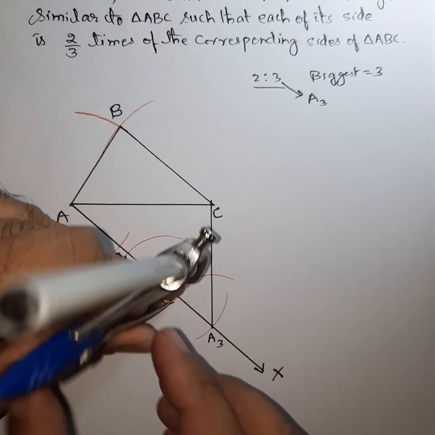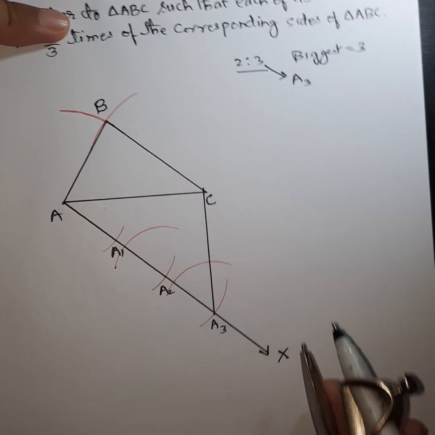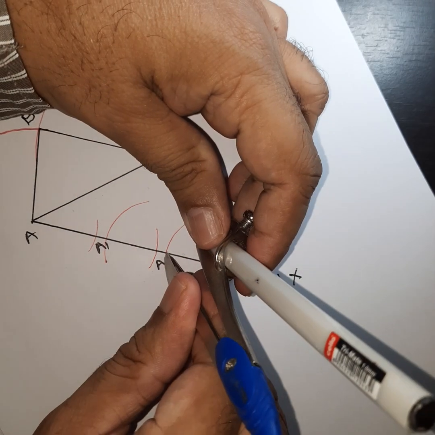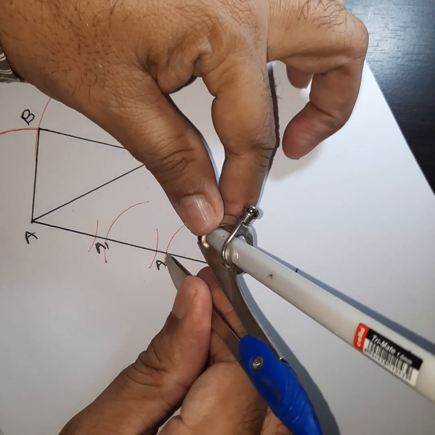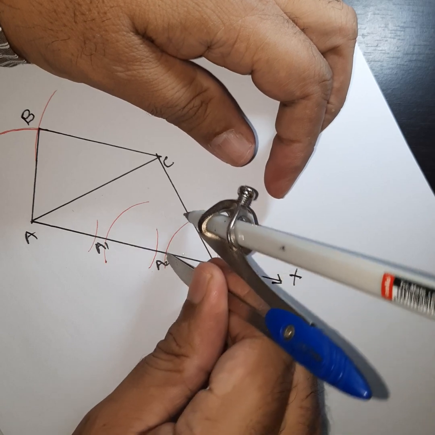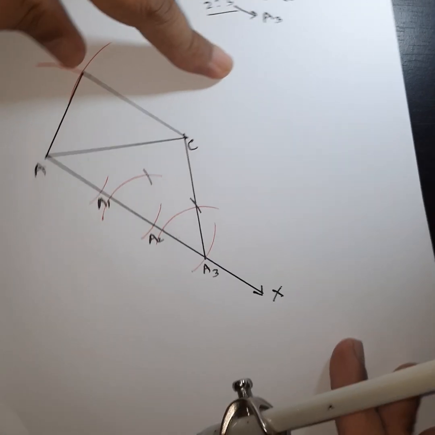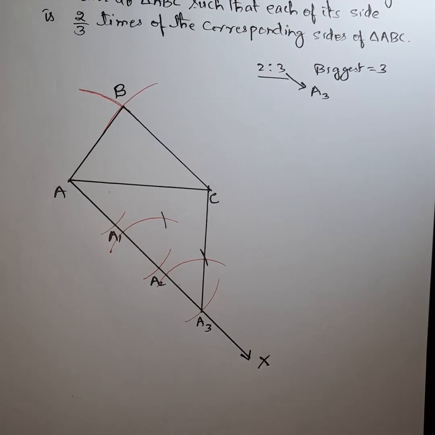You can measure like this, put it here and check whether it is cutting at the intersection or not. So like this you will get the straight line.